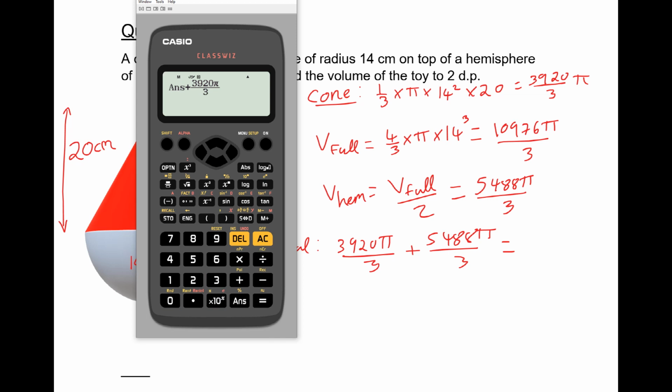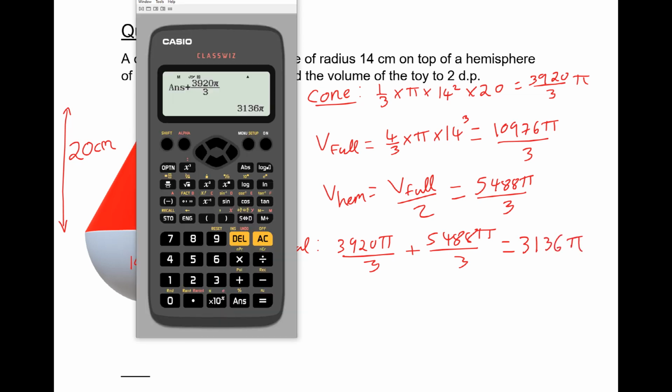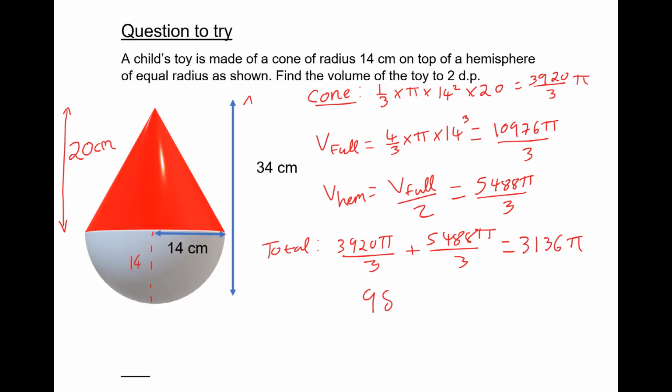Okay, and we should get 3136 pi. And we can just press SD and we get 9852.03. So 9,852.03 centimeters cubed.